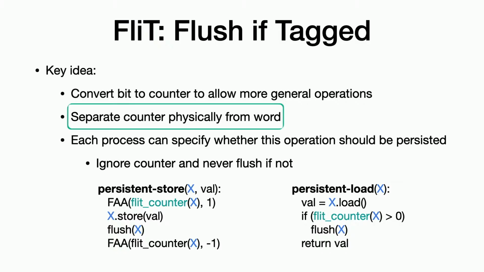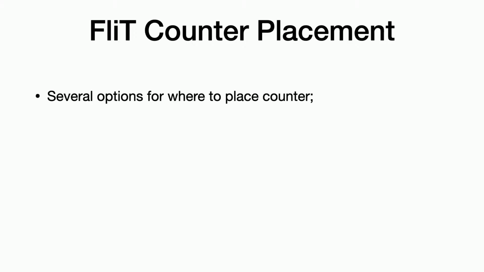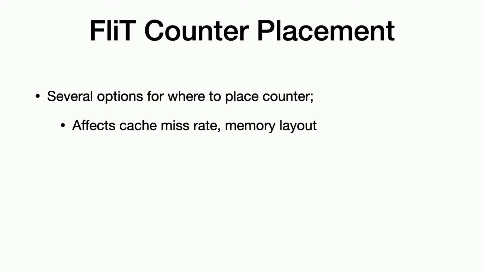Okay. But the nice thing about being able to physically separate these counters from the words that they are sort of designated for is that now you can play with this quite a bit, right? You can say, well, I don't want to have a counter per word. Maybe I want to group a bunch of words together, and whenever the counter is non-zero, this word will be flushed. Maybe it'll be flushed unnecessarily because the counter was non-zero because of another word that maps to the same counter, but that's okay, right?